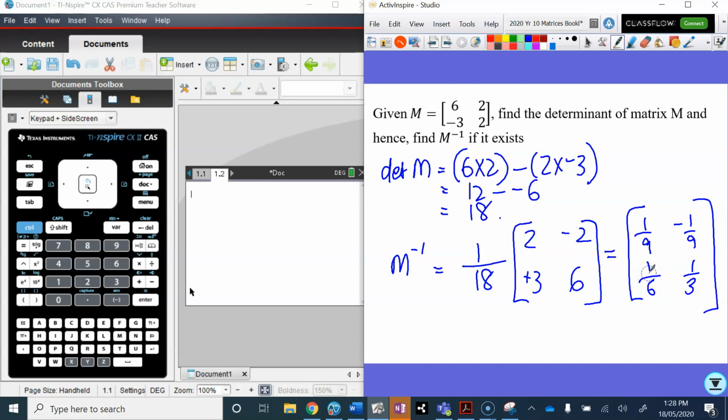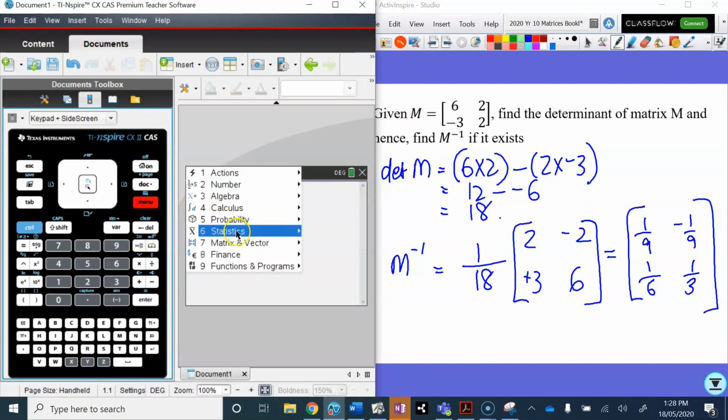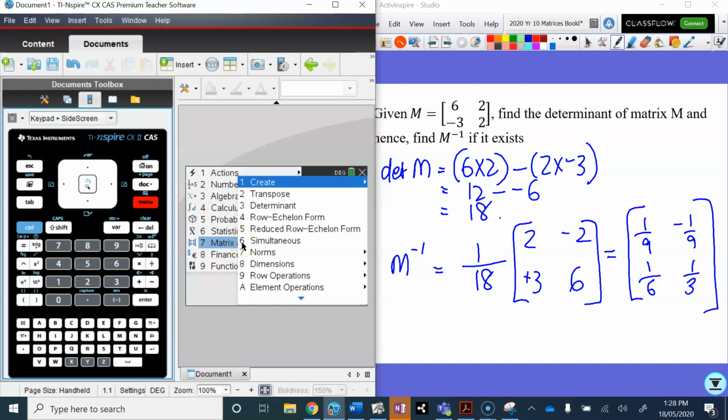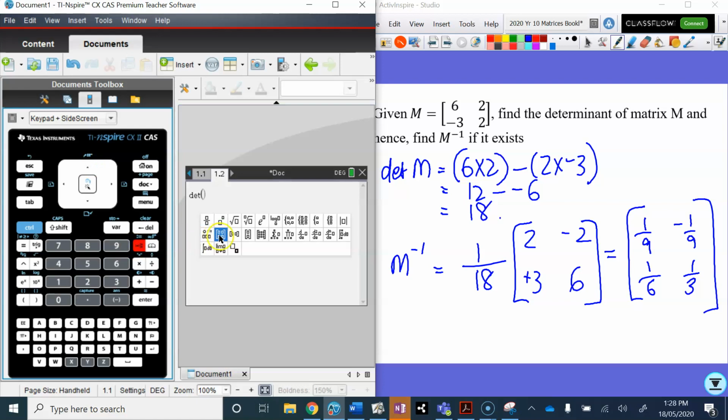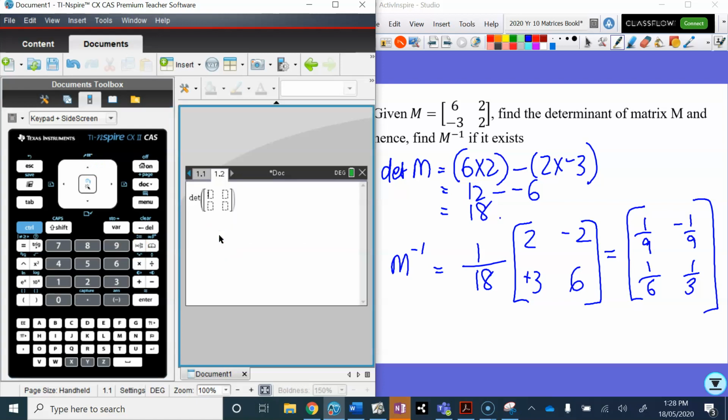Your calculator will also calculate a determinant and an inverse. So on your calculator, if you're doing this calculation, if you go into the menu and go into your matrix and vector menu, you'll see there is a determinant option. You hit that option. Because I haven't stored this matrix already as matrix M, I do need to enter the matrix.